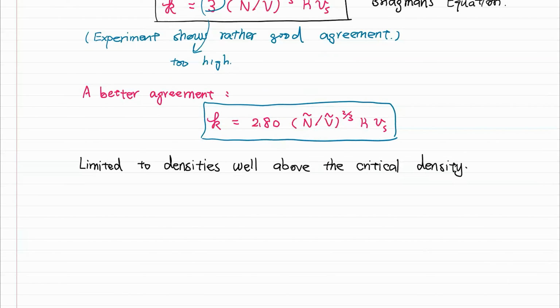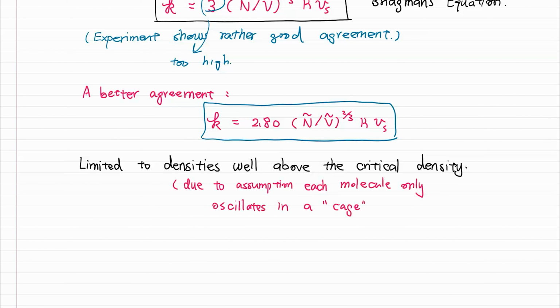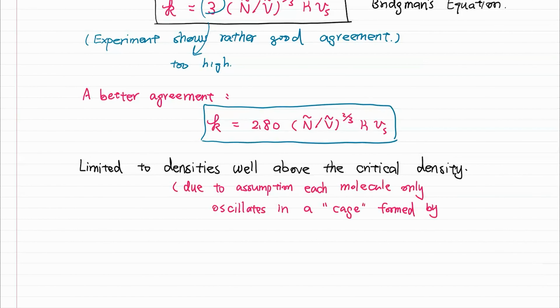And this is due to the assumption that each molecule only oscillates in a cage formed by nearest neighbors.